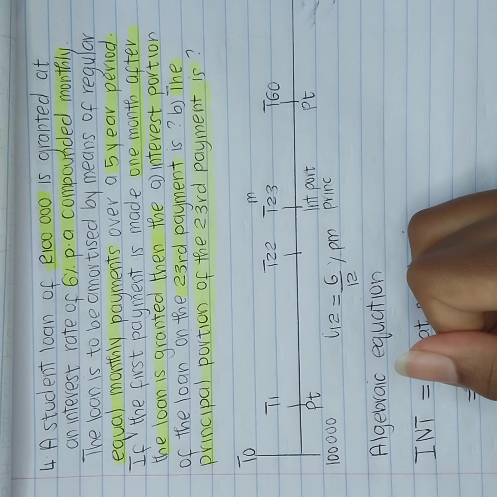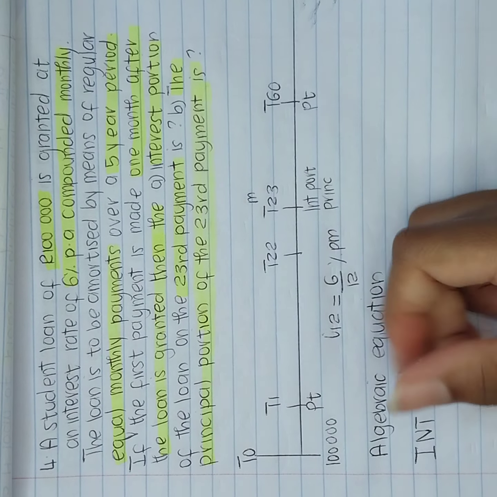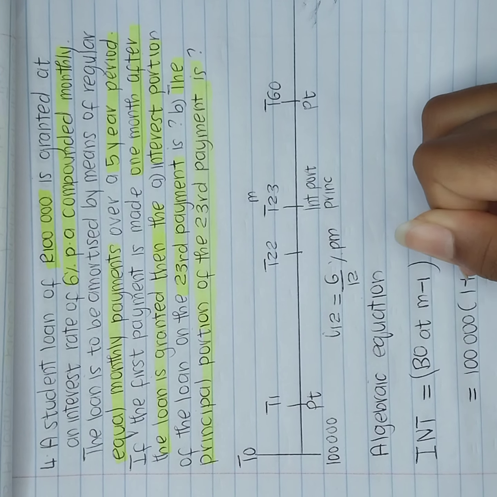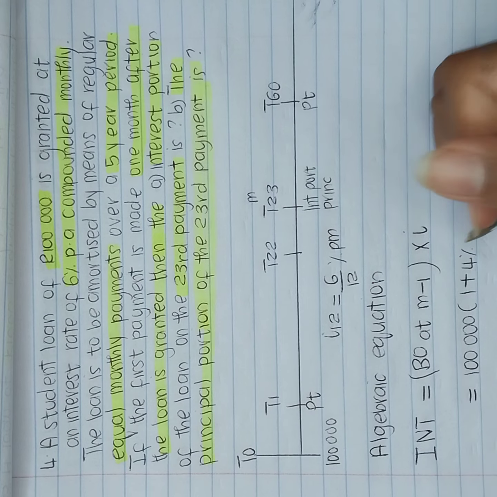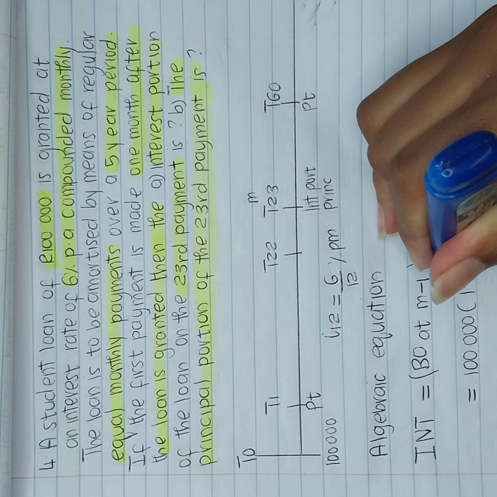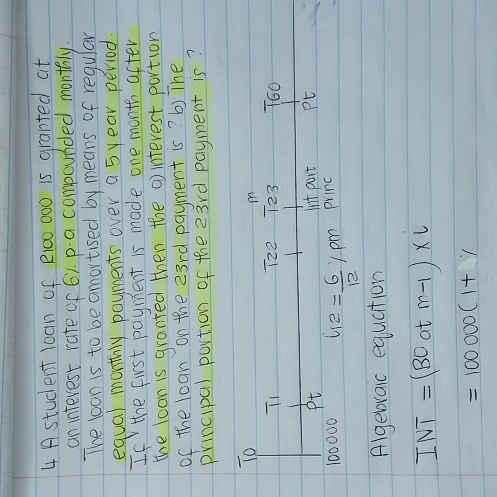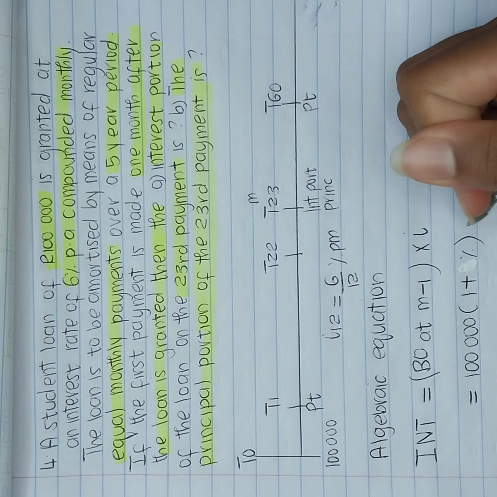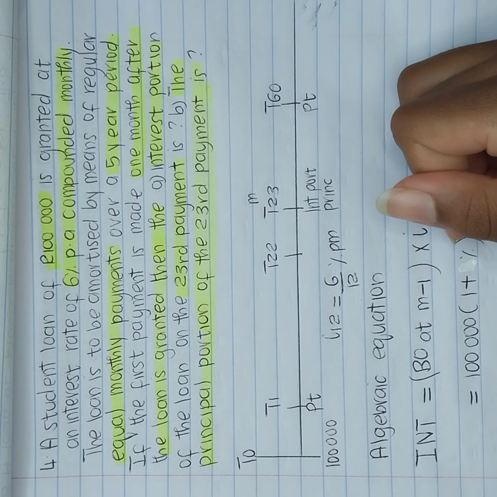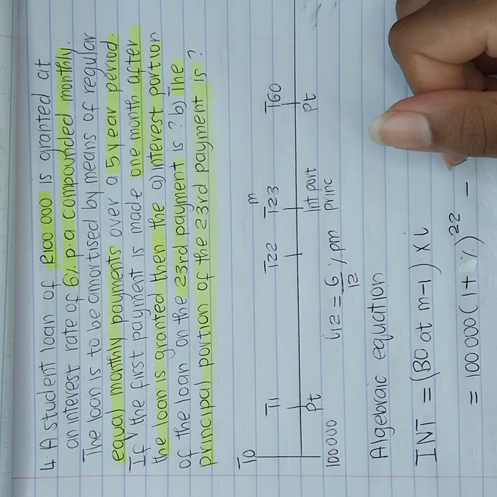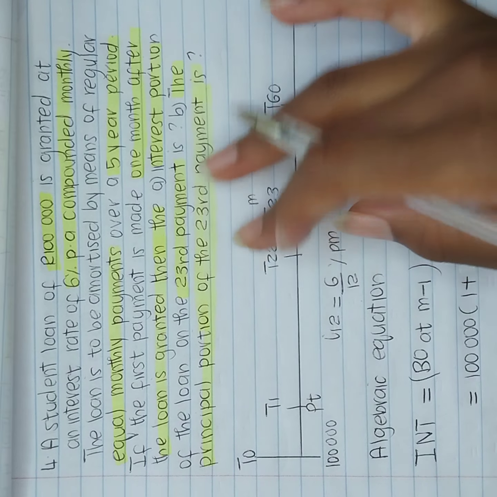And it says that compound the loan all the way to M. So I will have the 100,000, 1 plus 6 over 12, which is 0.5%, all the way to T22, minus the future value of my deposits at T22.